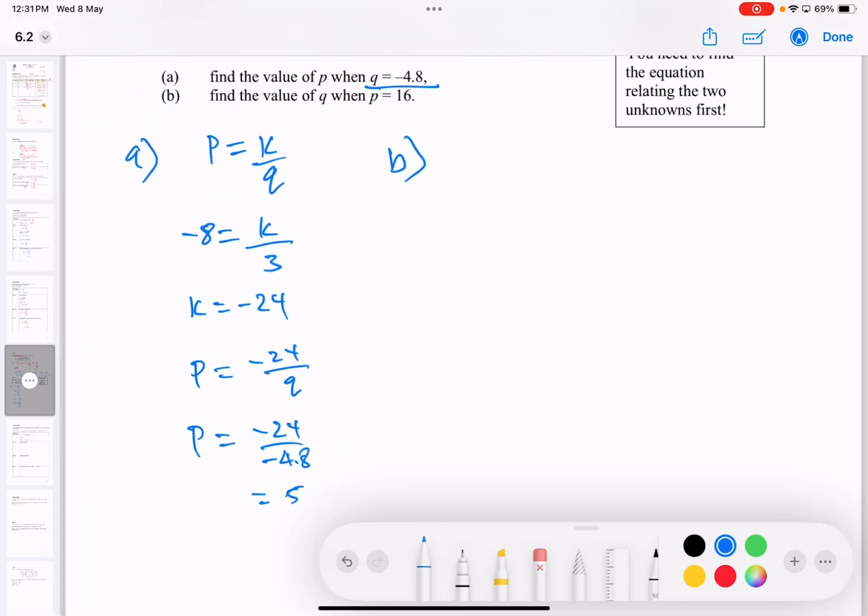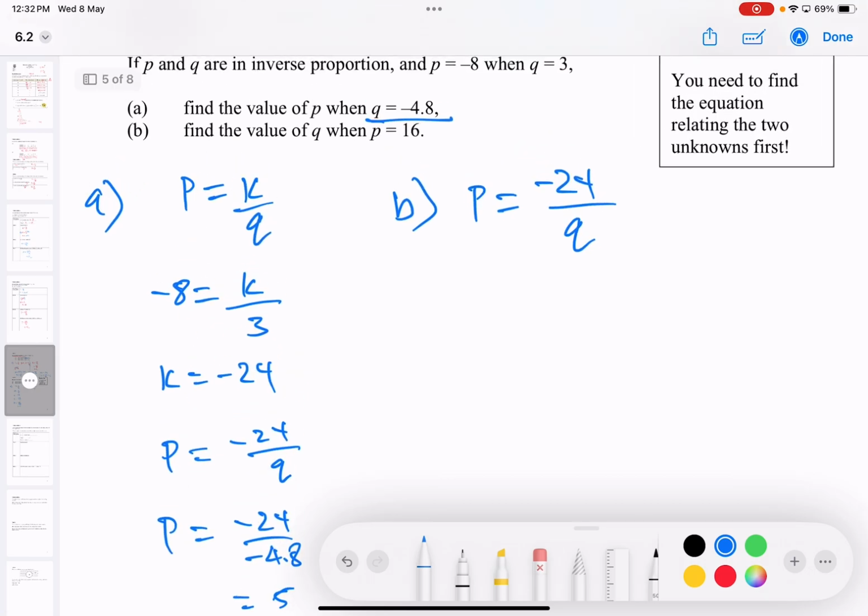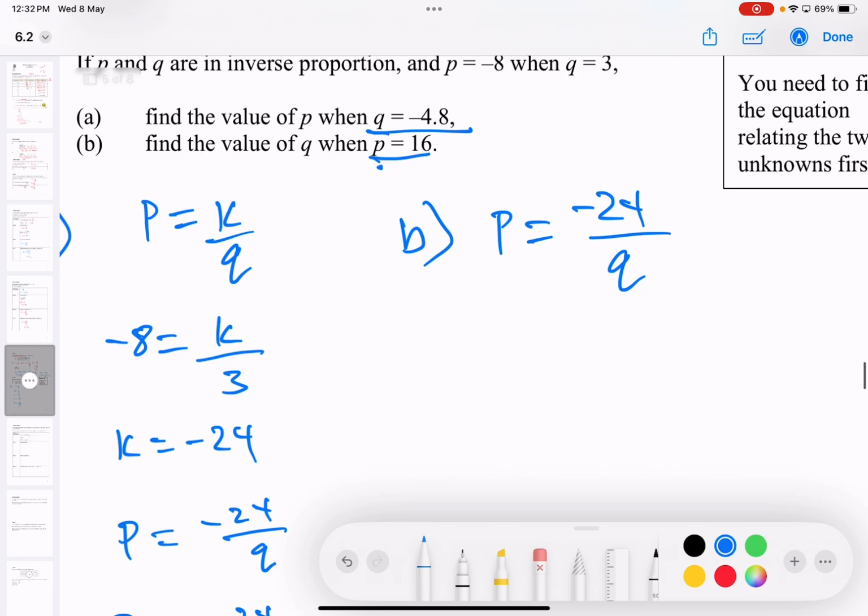To do part B, you rewrite the equation again. P is equals to negative 24 over Q. And now you look at the information that is given to you. P is 16. So 16 is equals to negative 24 over Q. Now I want to hear from some of you. How are you going to find the value of Q? Because my Q is in my denominator. Daryl, what is your strategy?